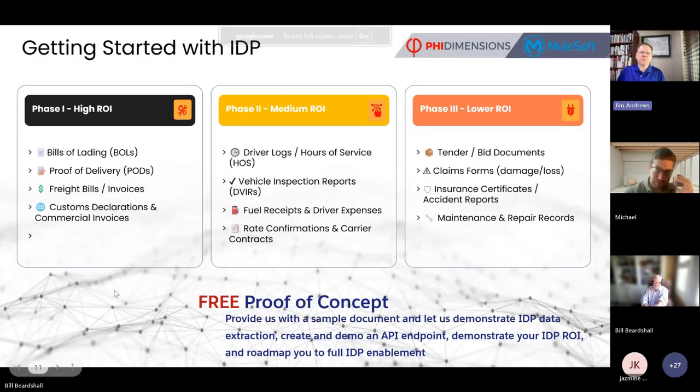We would start with a phase one: identify some of the documents that provide the biggest return on investment. Most of you were talking about bills of lading, about 50% of you identified that as the main thing.